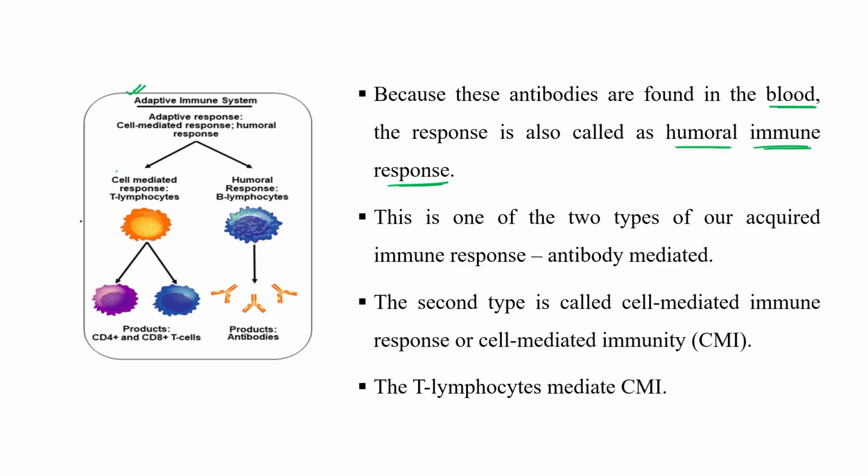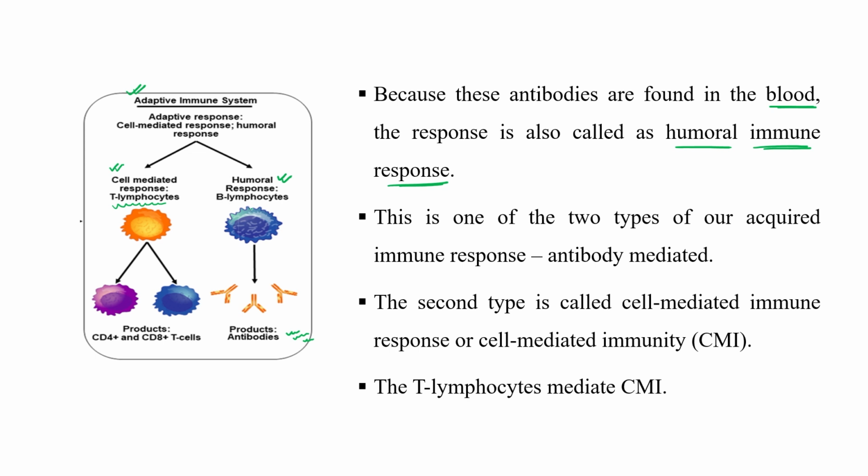One in which direct cells are involved, like T lymphocytes, and another one in which direct antibodies participate in the defense mechanism, that is humoral response. Okay, so this is a type of humoral response.